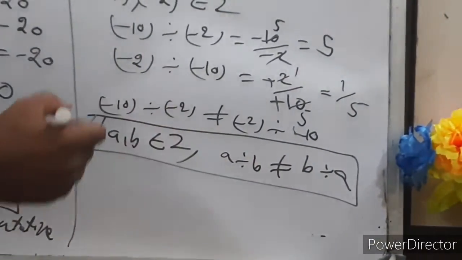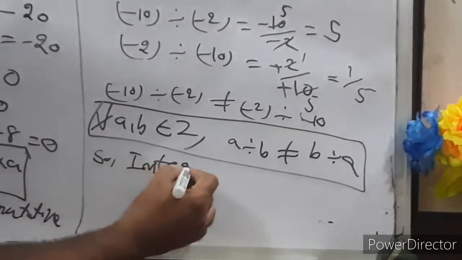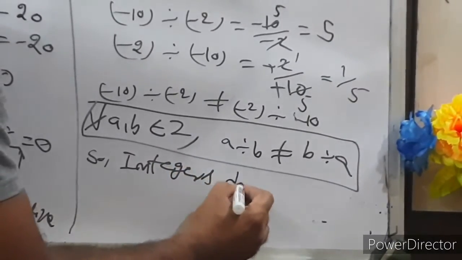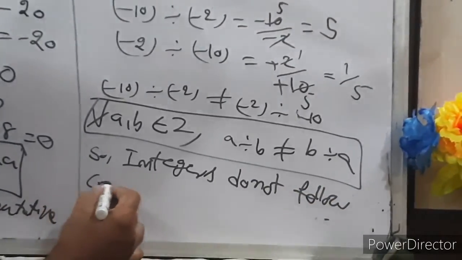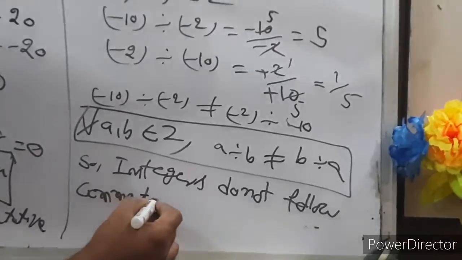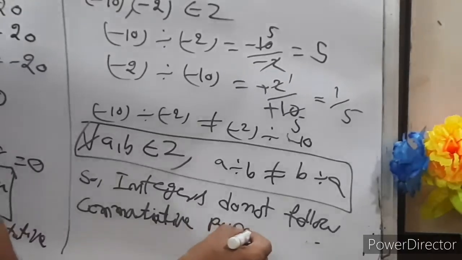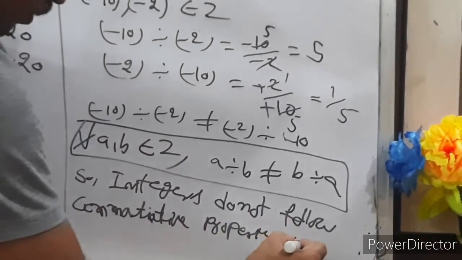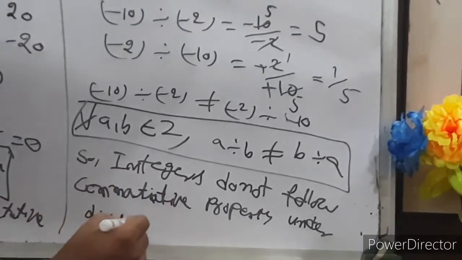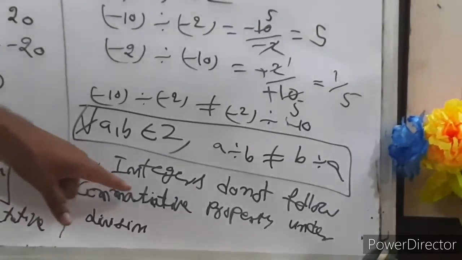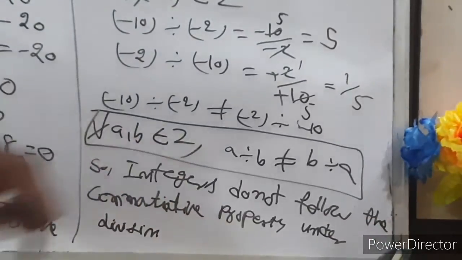Since they are not equal, integers do not follow the commutative property under division.